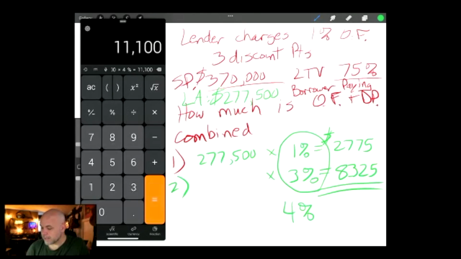You might have already figured that out. And that's 11.1. Let's see if that makes sense here. 2.775 plus 8.325. Oh, there it is again. So there's a couple of different ways you could do it, because both origination fee and discount points are percentages of the loan amount.